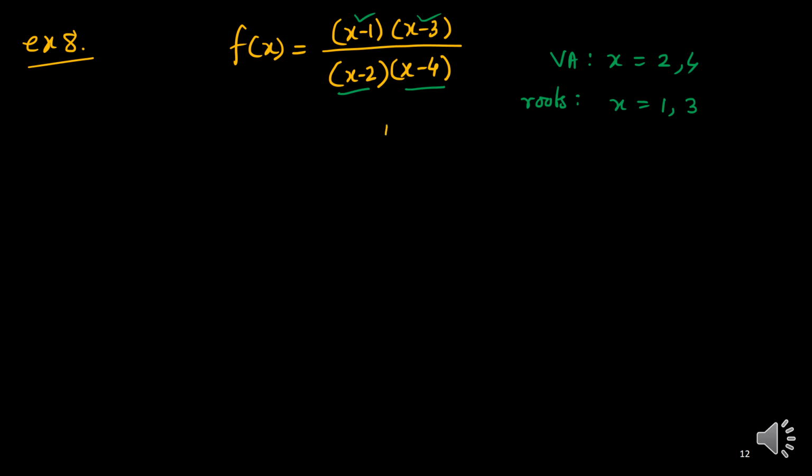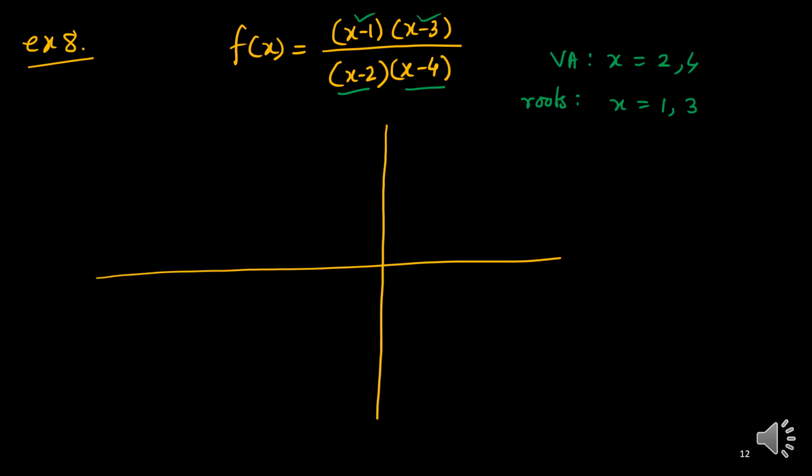So this is the y-axis, this is the x-axis. I need to put the points here. So this is 1, this is 2, this is 3, and this is 4. Now these 4 points I will consider. First I will show the asymptotes.